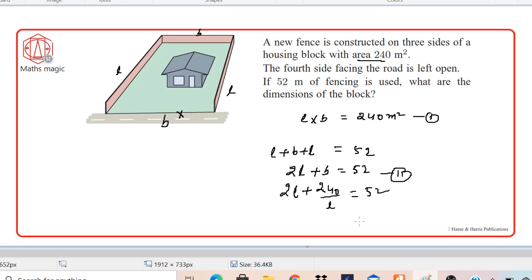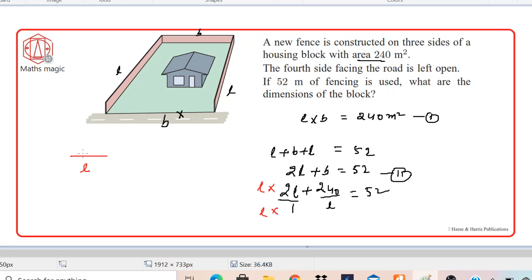Now we have to simplify this equation so that we can solve it further. You can apply the fraction properties. You just need to make the denominator the same. So you can multiply this side with L in the numerator and denominator both. Now the denominator is the same, so it becomes L in the new denominator.